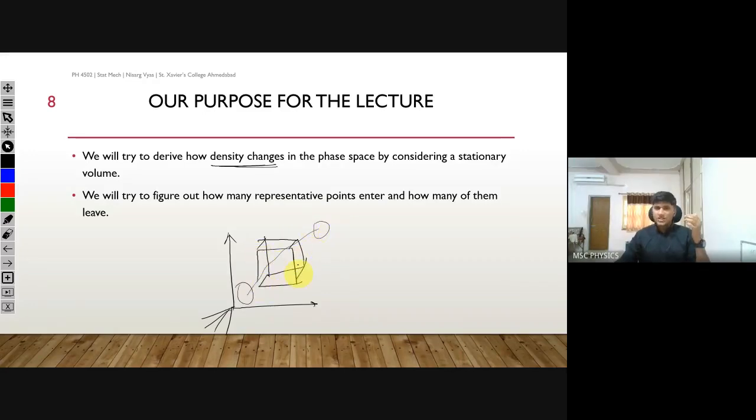And you keep a stationary volume somewhere in between. What you need to know is how the density changes in the stationary volume. What do we mean by stationary volume? This volume won't change. It won't even move. It is there. And we want to know the rate of change of density in the stationary volume. So it is del rho by del T.